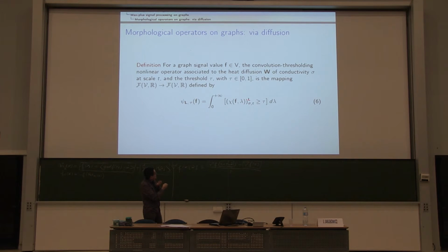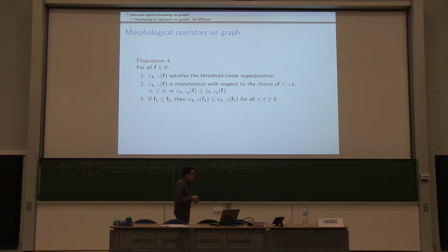We take the diffusion and we integrate after that. So we have two parameters. L is because we do the diffusion on the graph, so we need this idea of Laplacian. Lambda is the value of the upper level set, and tau is the value where we do thresholding on each one of the level sets after diffusion.